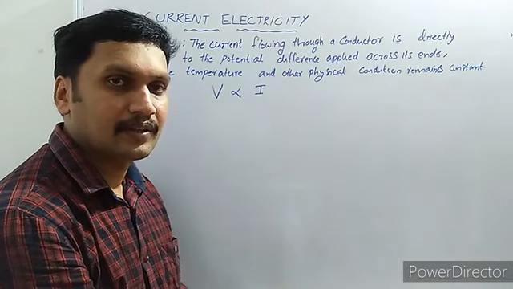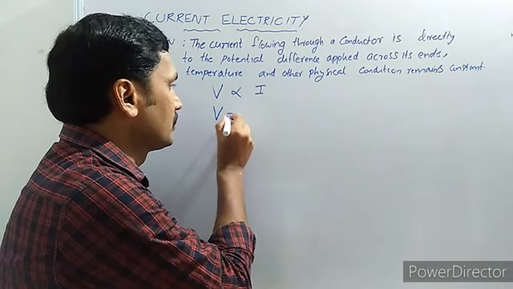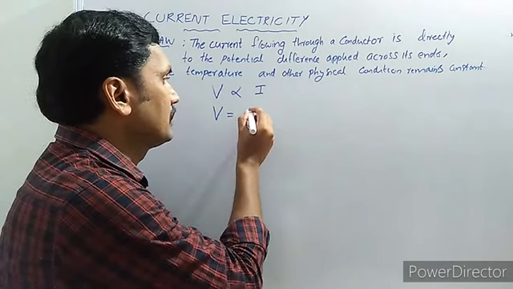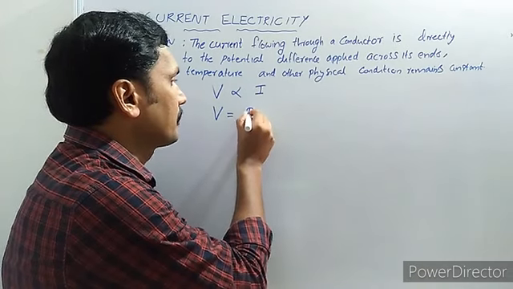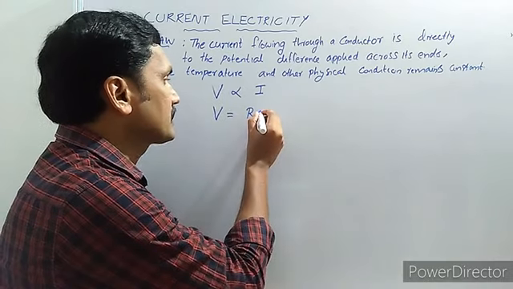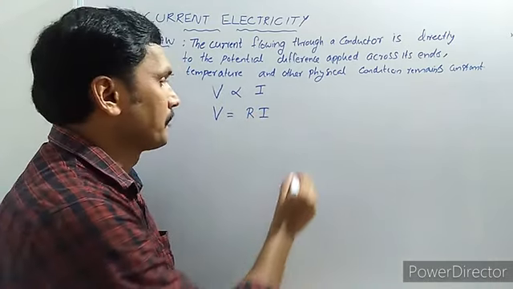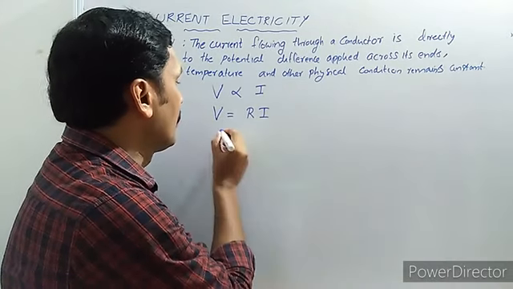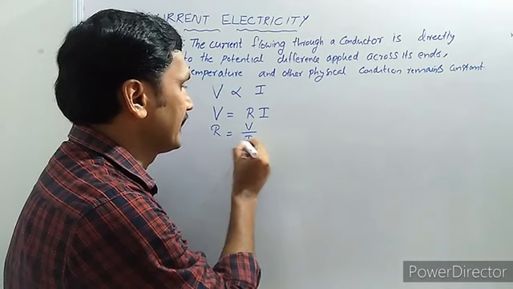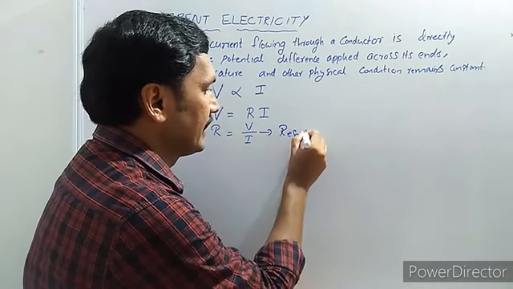And I is the current passing through the conductor. Mathematically we will write again, V is equal to, removing the proportionality sign, multiplying by a constant R. So we can write V is equal to R into I. This proportionality constant R is equal to the ratio of potential difference and current, and is known as the resistance of that conductor.